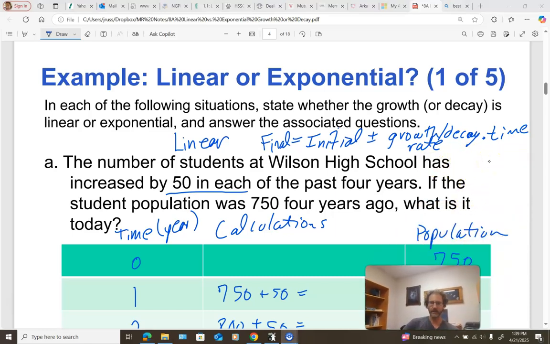Okay, so the final amount is going to be the initial amount, which was 750 people, plus the growth rate was 50 people per year, times 4 years, and this equals, well, 750 plus 50 times 4 is 200, and that equals 950. Okay, so I'll put a check mark right there.